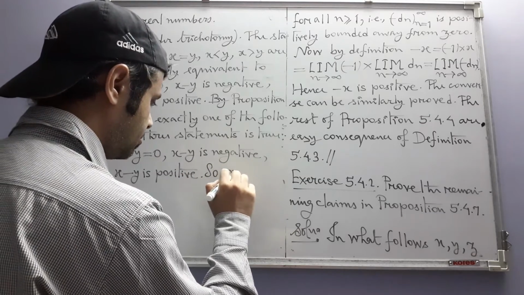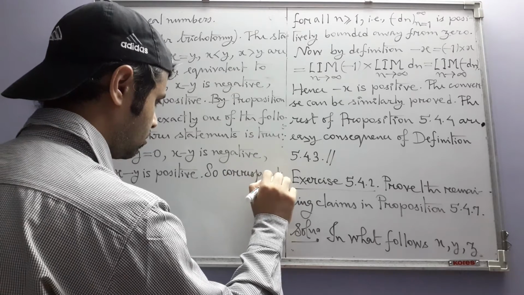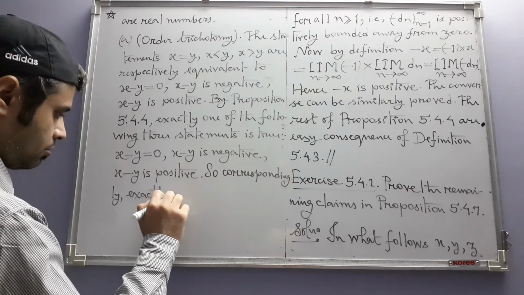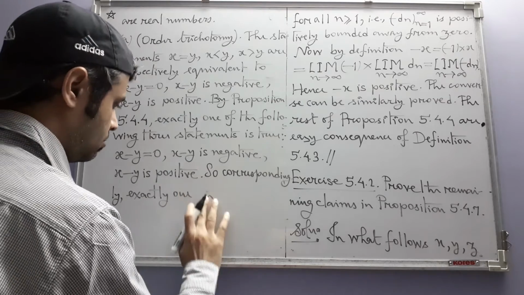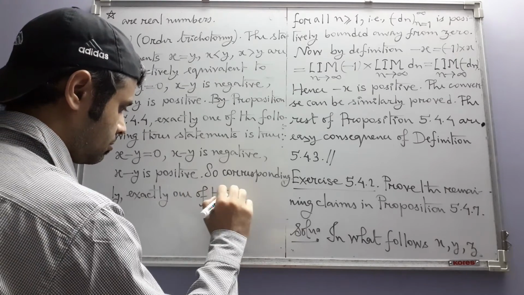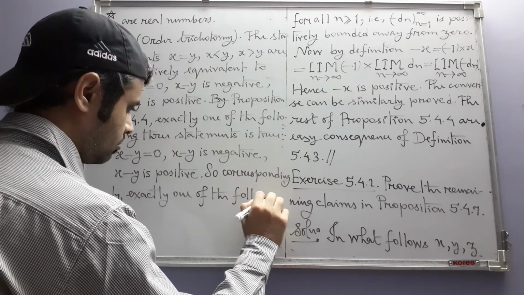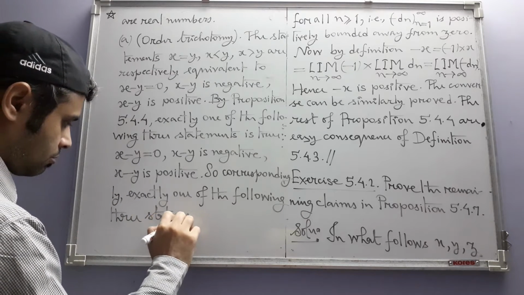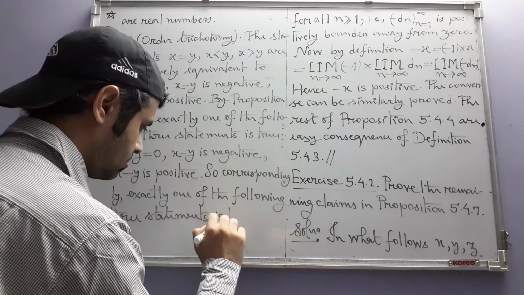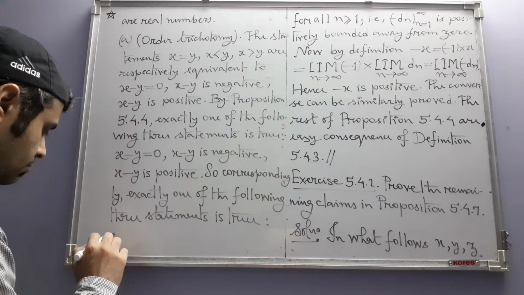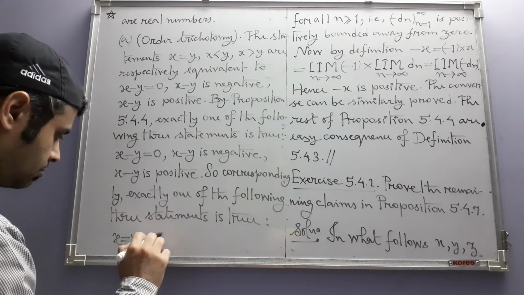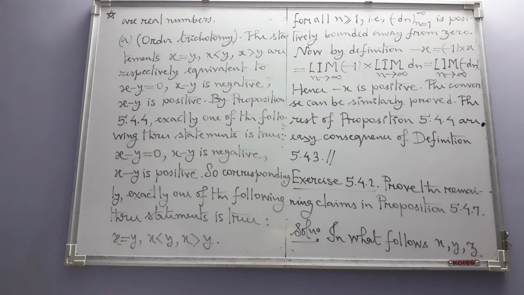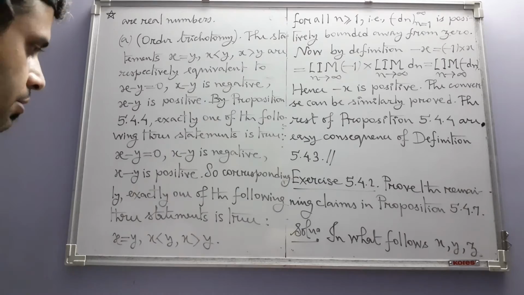So correspondingly, exactly one of the following three statements is true: x is equal to y, x is less than y, x is greater than y.